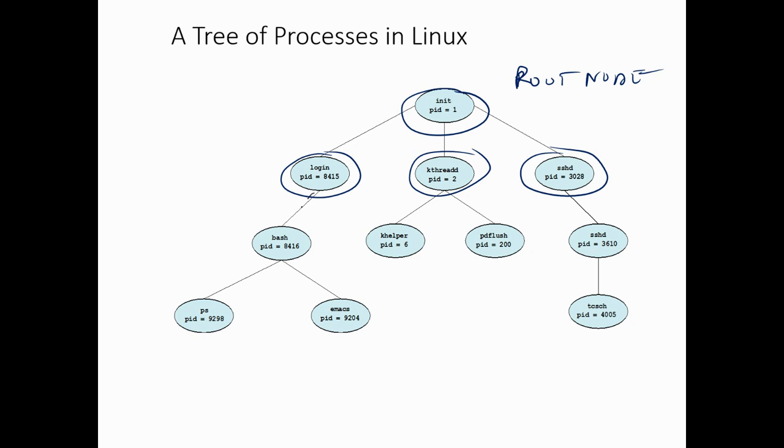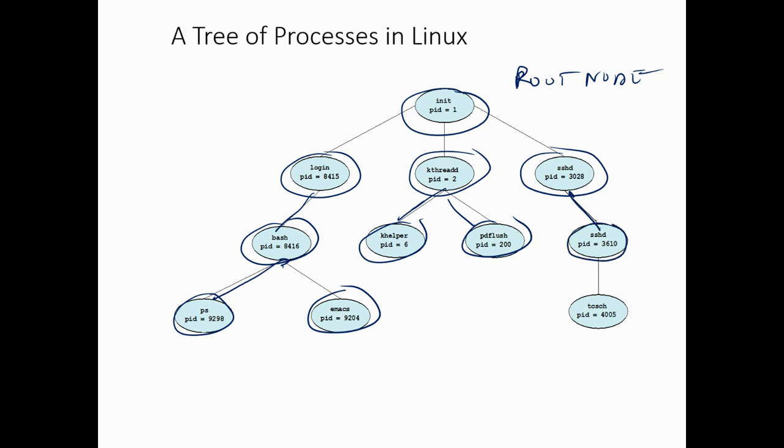And login should create the bash process, the bash process should create processes called ps and emacs. The kthread process should create kthreadd and pdflush, and sshd should create another process called sshd and tcsh. So the parent process should have the capability to create the child process, guys.